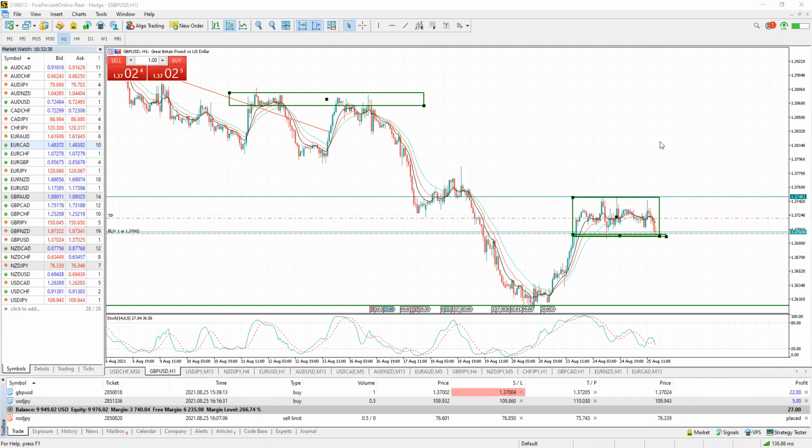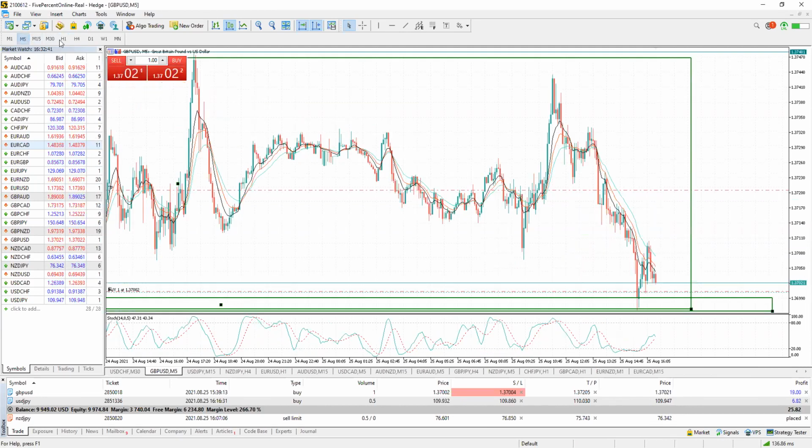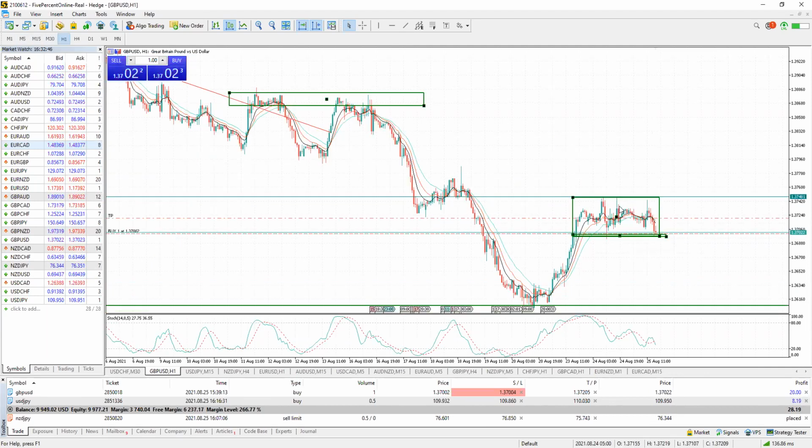Okay, so this is an order block, for example. This is what is happening actually. It's a consolidation where there is a changing of hands in the currency, and this will make another big move.